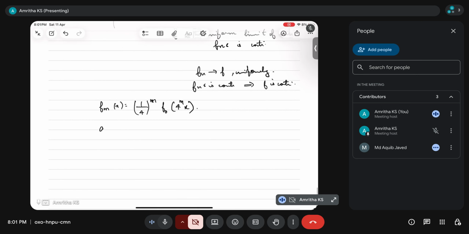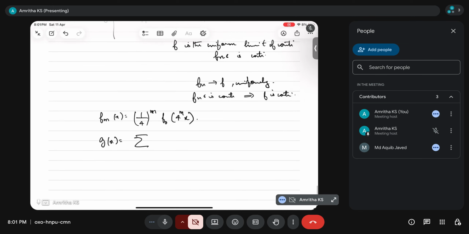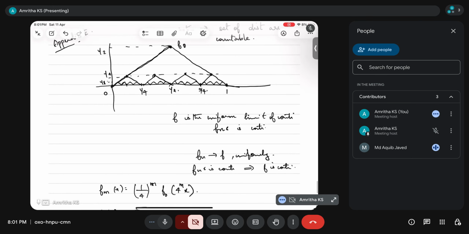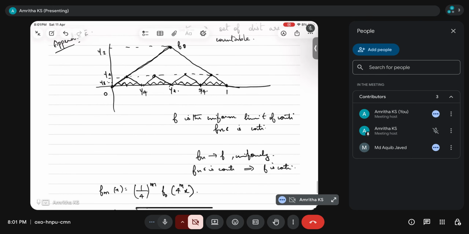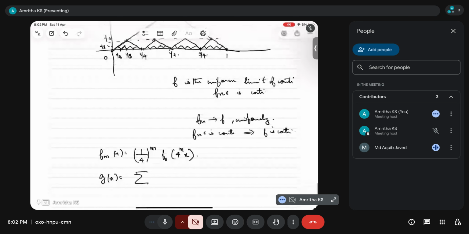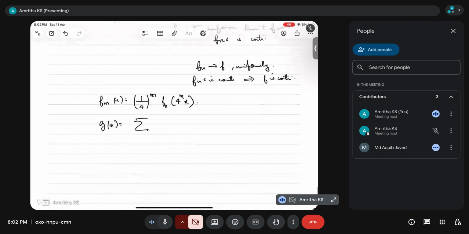And then we define a function g of x. They are not differentiable at 1/8 also, at these points: 1/8, 1/16. So now you take the limit.